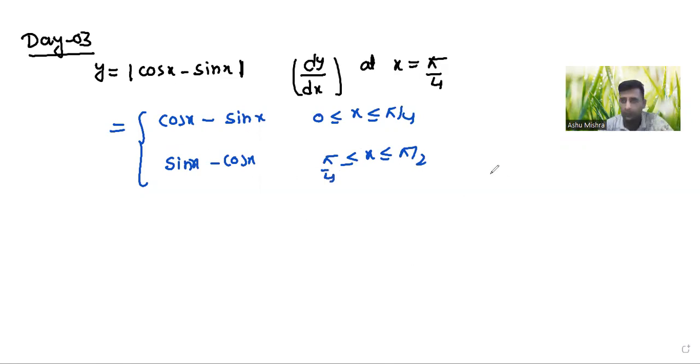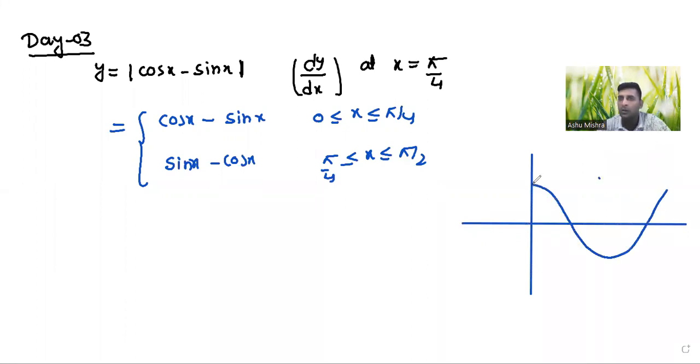Now see, listen. You know very well this is the curve of sine, and this is the point of pi by 2. This is the curve of cos and this is the graph of sine.